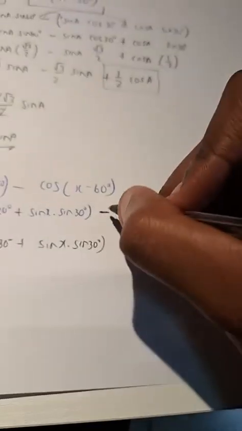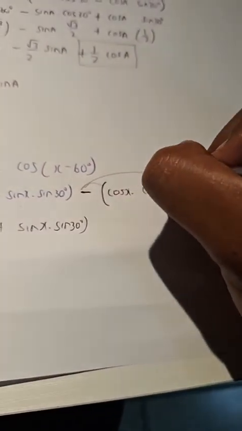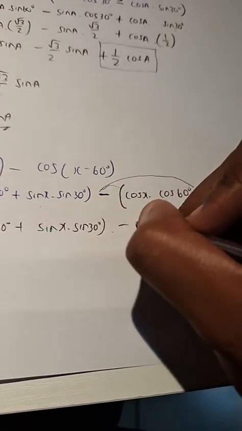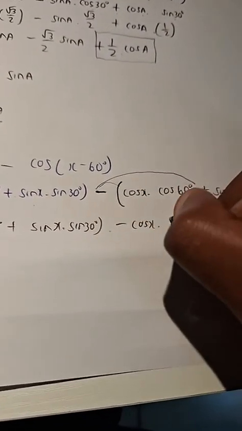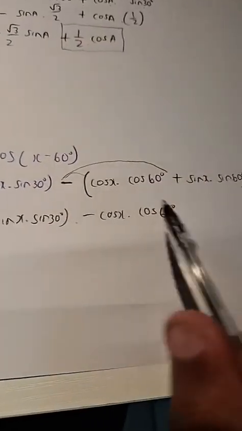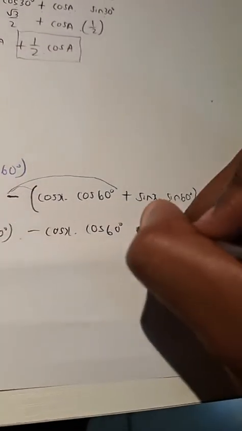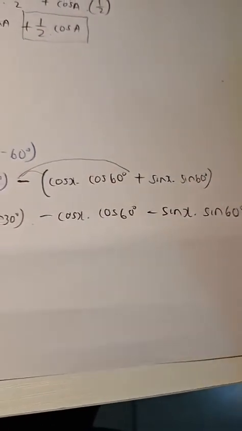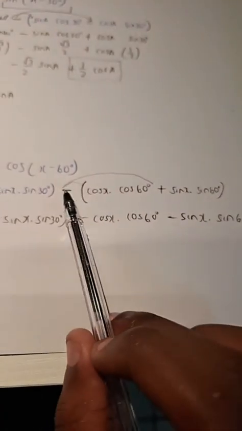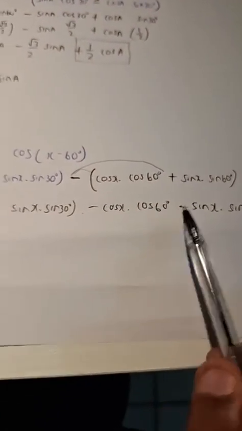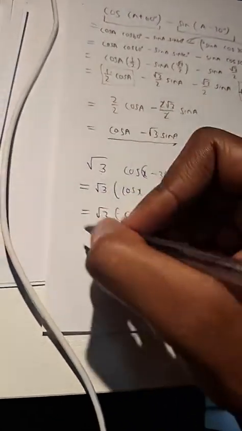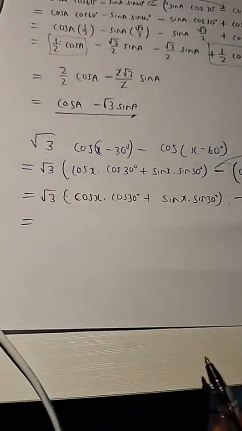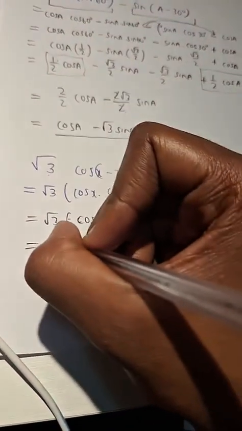Let's take this negative sign and distribute it. This then becomes negative cos x cos 60. And this negative times a positive gives us a negative sine x sine 60 degrees, because a negative times a positive is a negative. Now, let us rock on.